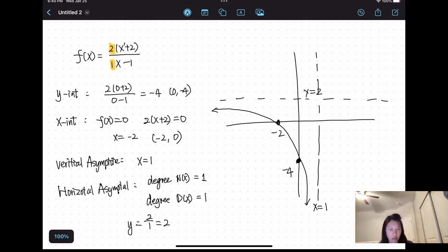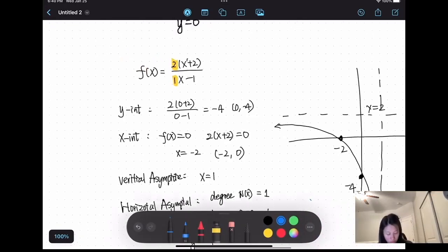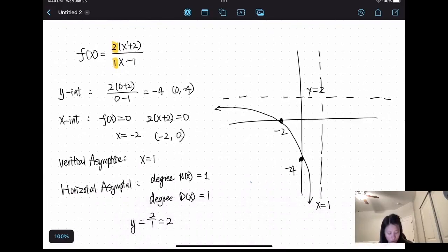Okay, so now look at the graph. The multiplicity of the vertical asymptote here is 1.